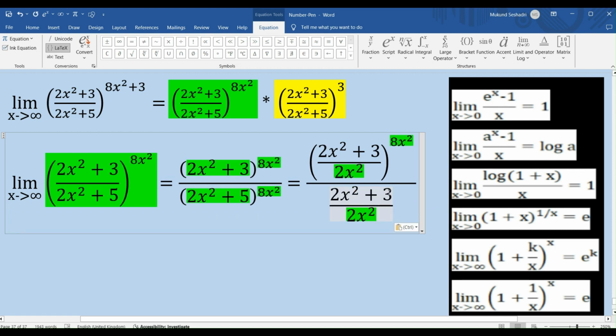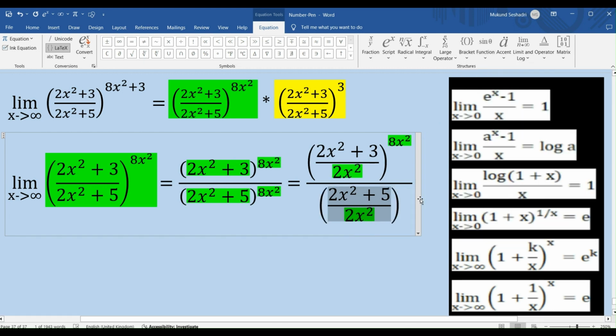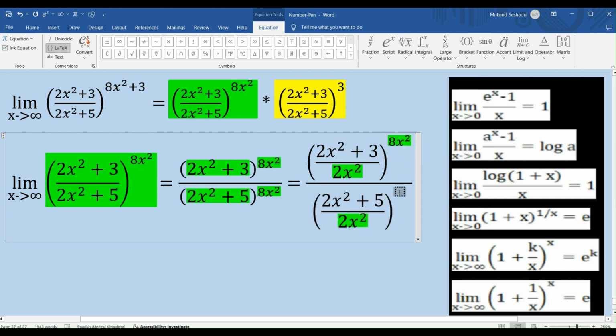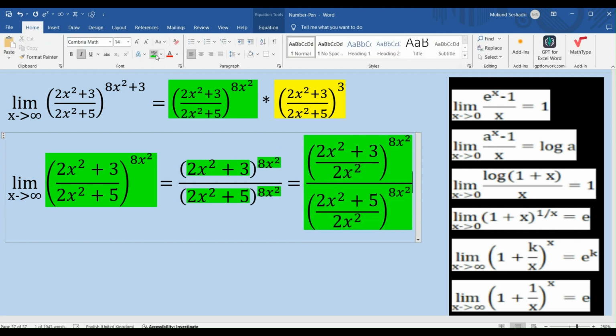The expression is very similar, but we have 2x square plus 5 instead of 2x square plus 3, which we have in the numerator, right? And I'm going to bracket this and raise it to the power 8x square, right? We do a green of this, right?